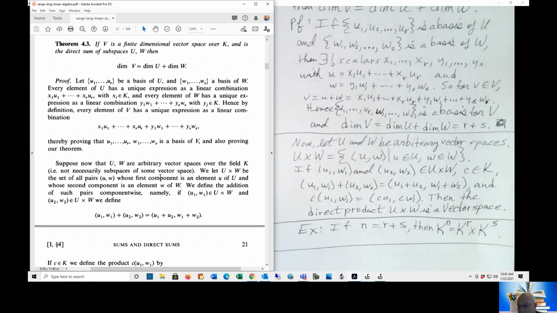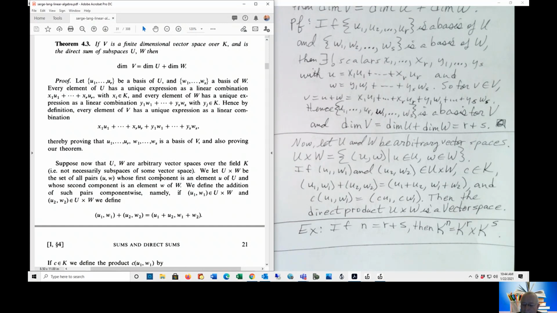And just like in R2 or in K2, when we have two ordered pairs, we add them component-wise, coordinate-wise. And we multiply an ordered pair by scalars by multiplying each component by that scalar. So with those normal definitions of vector addition and scalar multiplication, we immediately see that the direct product is a vector space.